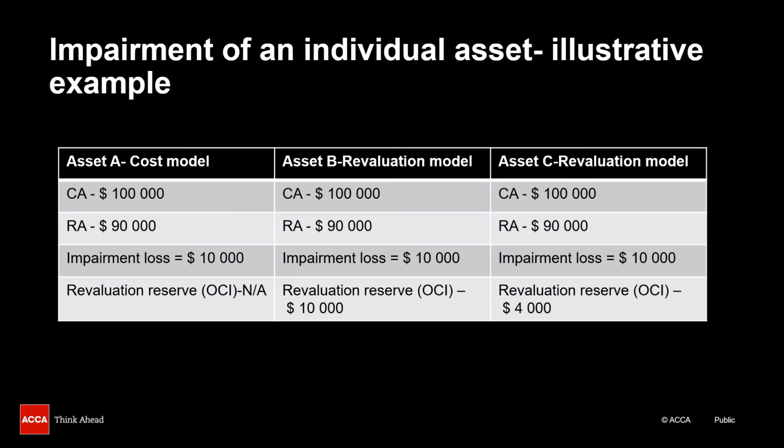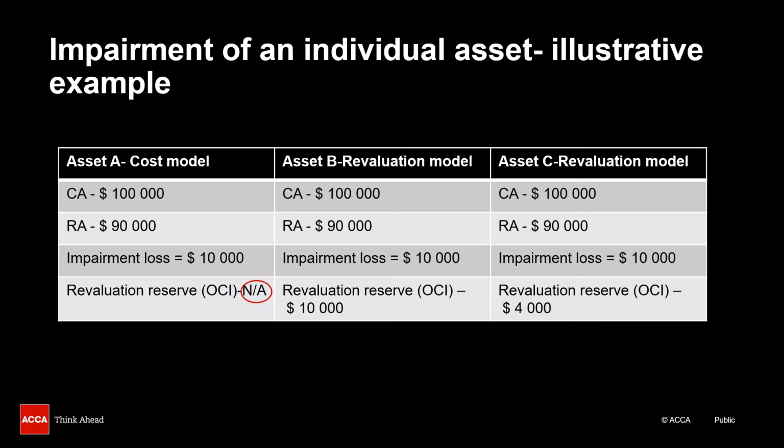Let us look at this example of three different assets. For all three assets, the carrying amounts exceed the recoverable amounts by $10,000. Therefore, the impairment loss for each asset is $10,000. Asset A is measured on the cost model, so there is no revaluation reserve relating to it.